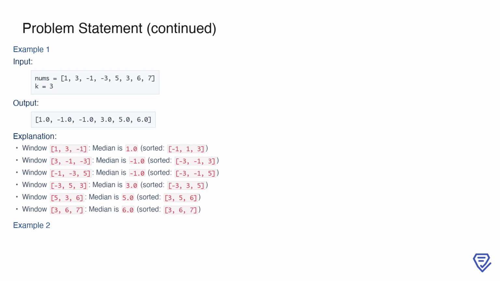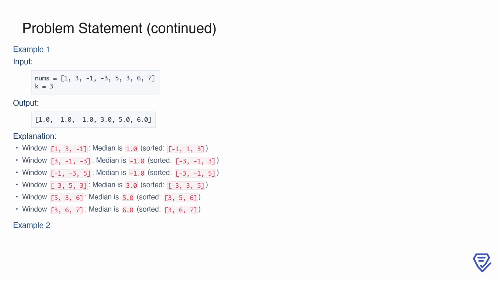When the window is 1, 3, -1, the sorted order is -1, 1, 3, and the median is the middle value, 1.0. When the window moves to 3, -1, -3, the sorted order becomes -3, -1, 3, and the median is -1.0.